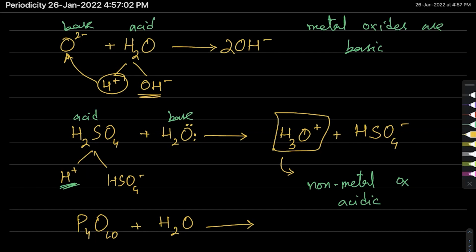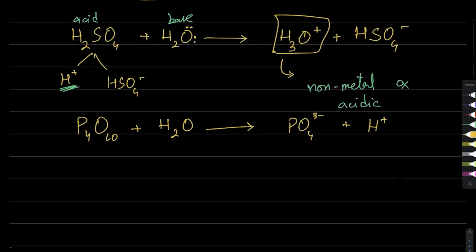And if you take oxygen from water, what is left? The H positive ion is left, right? So it forms phosphate ion and H positive, lots of them. Because of this reason, we say that this is acidic. There is H positive that it has given away. This is phosphoric acid that you're going to get.